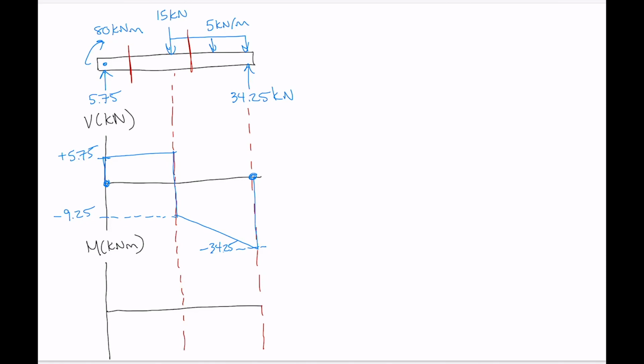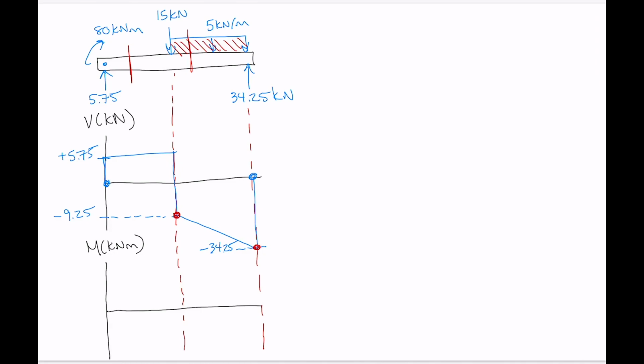Now let's just check. We can double check that this is right. Know that the change in shear between any 2 points, so between this point and this point, has to be equal to the area below the corresponding portion of the distributed load. So that change has to be that area there.